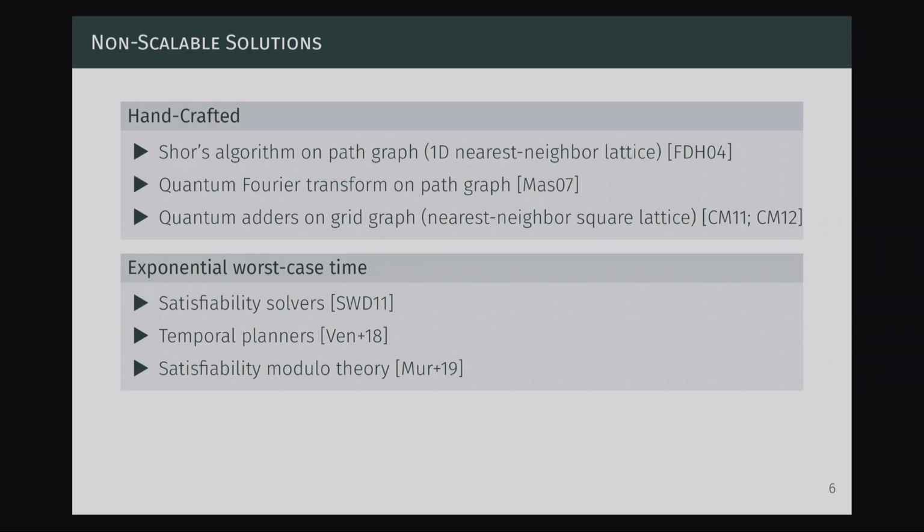There's also exponential time algorithms that use SAT solvers, temporal planners, or satisfiability modulo theory. Of course, we're looking for polytime algorithms in the worst case, so we're going to keep looking. But unfortunately, it's QMA complete to even decide whether a circuit equals the identity circuit. So there's probably no hope for us to find the optimal solution.